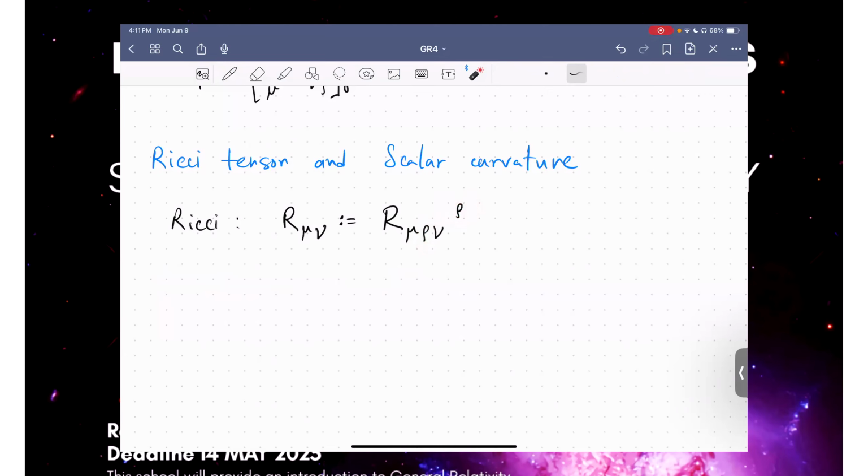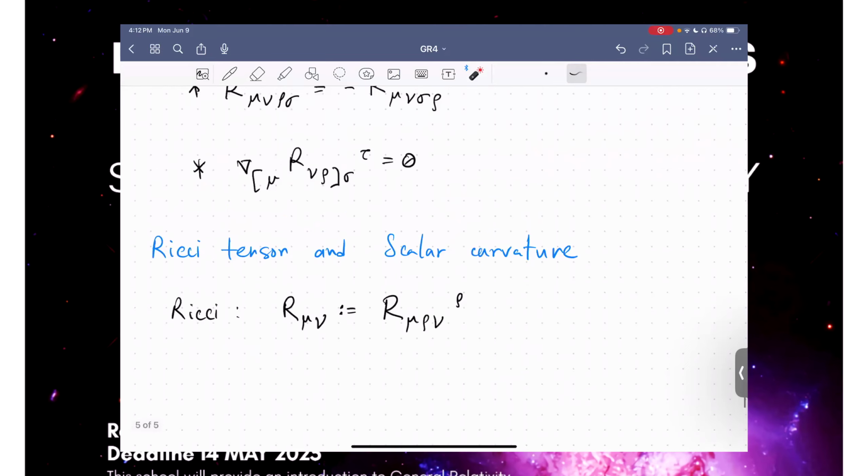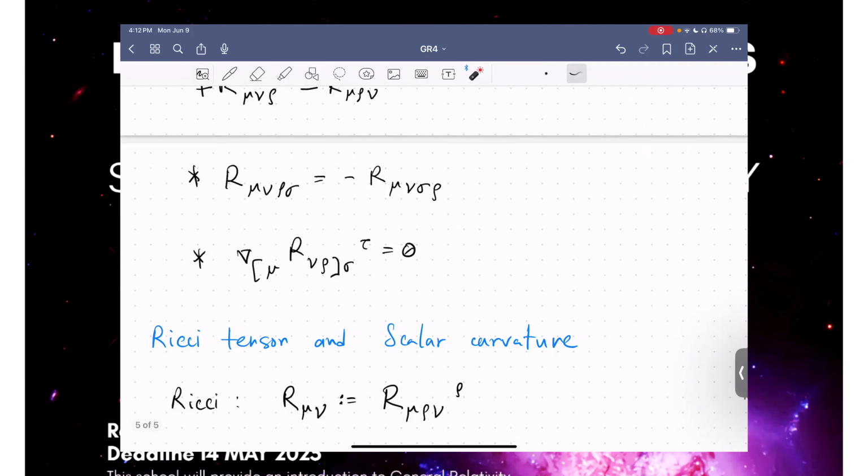So you can ask, why these two and not some other two? Notice that because of the antisymmetry between the first two indices, it doesn't matter whether we contract this with the middle one or the first one. It's the same, up to a sign, which is a matter of convention anyway. And you couldn't really contract this with this because this tensor is antisymmetric when you swap the last two indices.